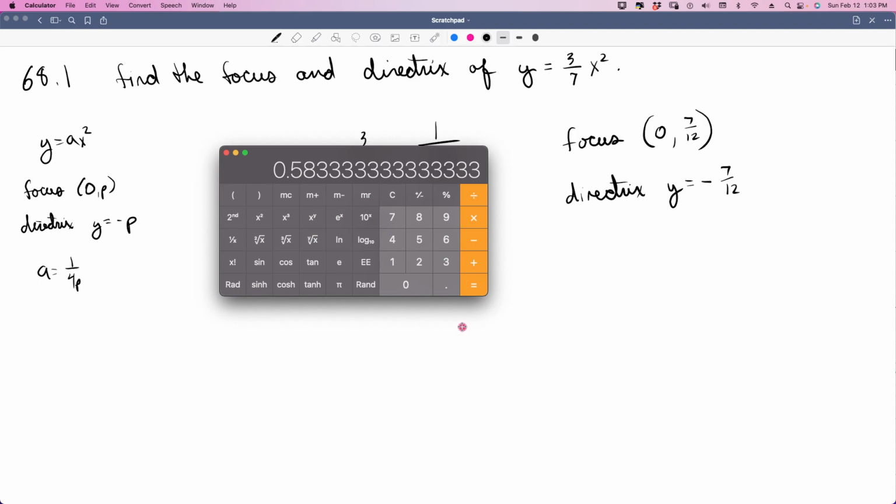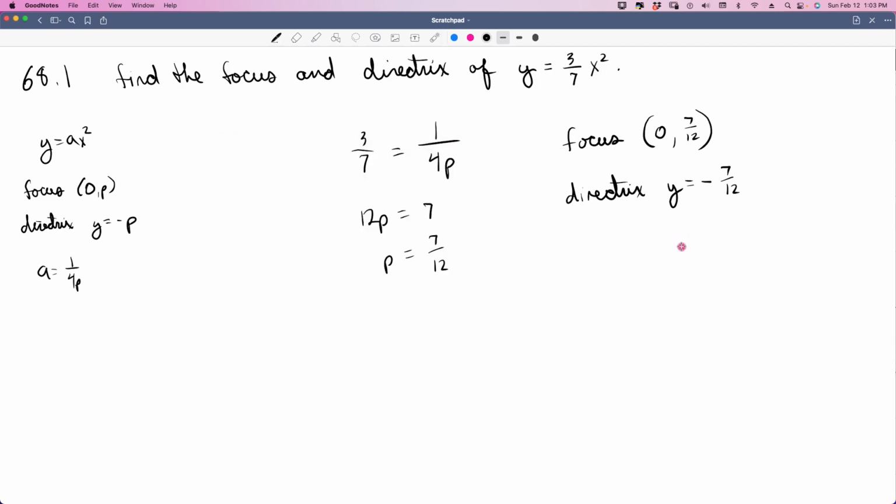For a repeating decimal, just give me that last decimal. So the focus would be 0 and 0.583, and the directrix would be y is equal to negative 0.583, and that would be enough to make me happy.